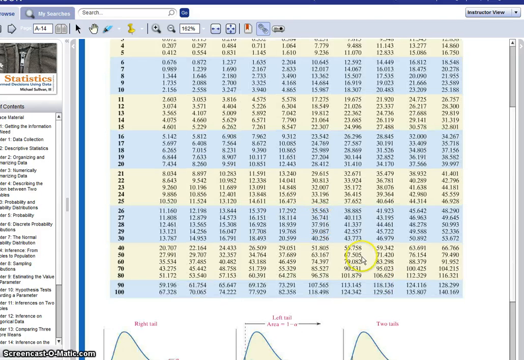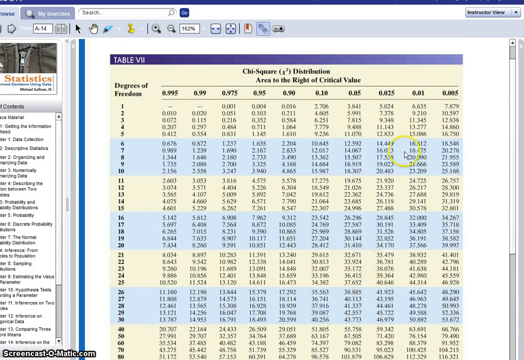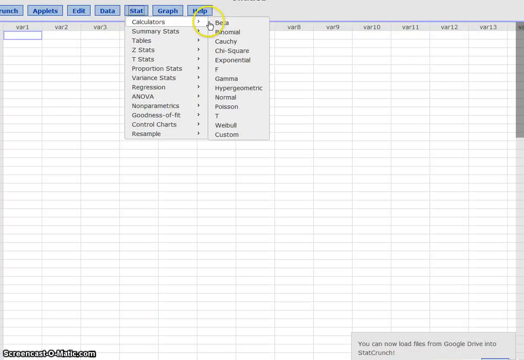Because that would give you this area here, because the area to the right, all of this, would be 0.95. And then you want to find the value so that the area to the right is 0.05. So you need to find those two values. Looking along this row, for 0.95, you get 7.261. And then for the 5%, you'd get 24.996.